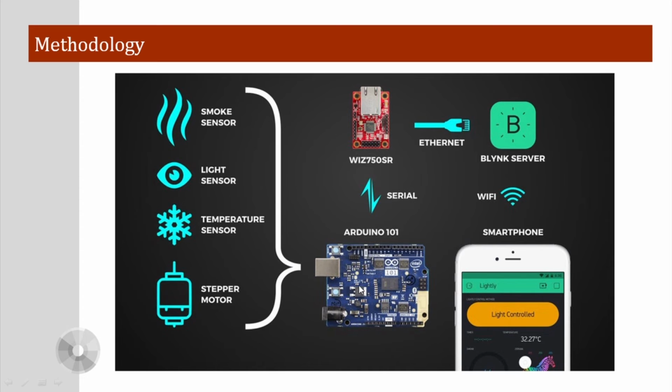From this information, the Arduino processes the data and performs specific applications, and that application connects with the Blynk server through the Ethernet. The Blynk server is where the information is stored corresponding to our instruction with the same address.